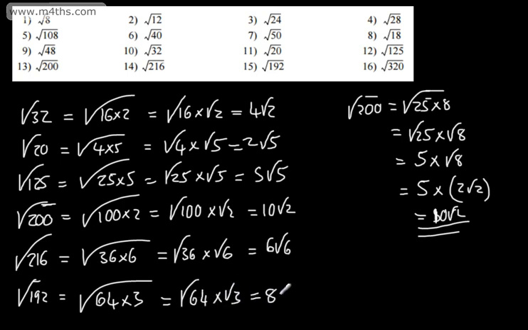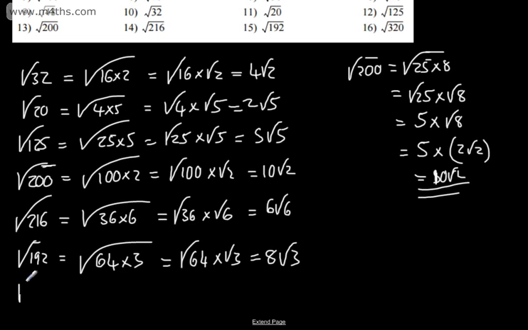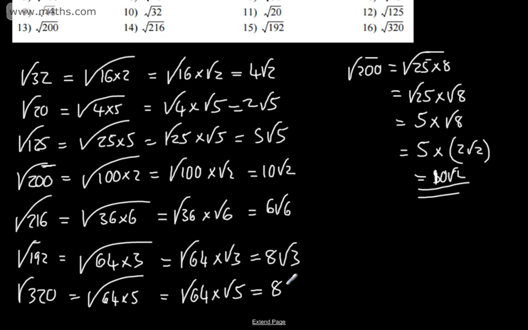The root of 64 is 8. 8 root 3. So that's what we end up with. Let's look at the next one. What's this going to be? Root 320. I think that's 64 times 5. Let's see if that works. Root 320 is the root of 64 times 5. That looks pretty good. So root 64 multiplied by root 5 is 8 root 5.